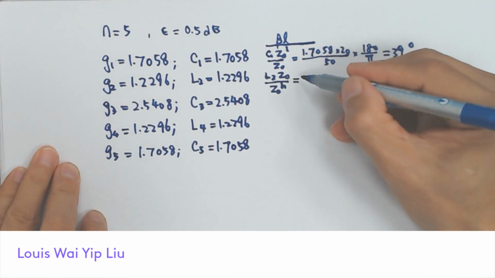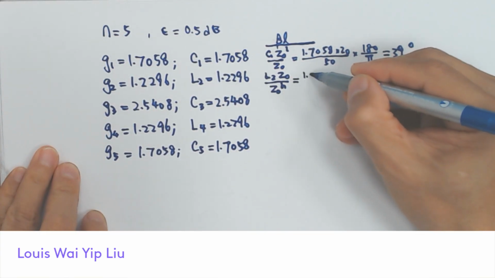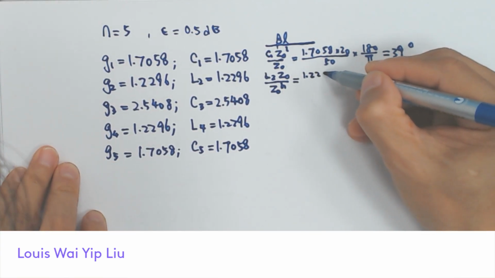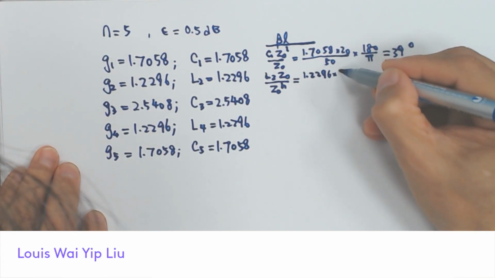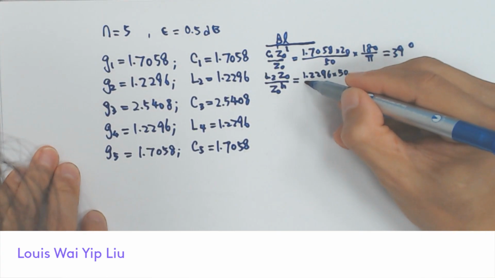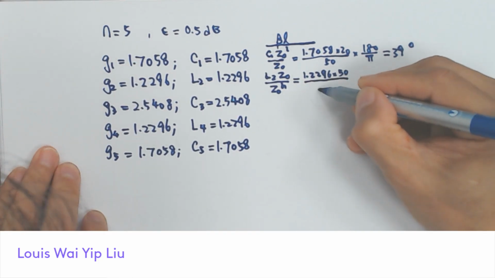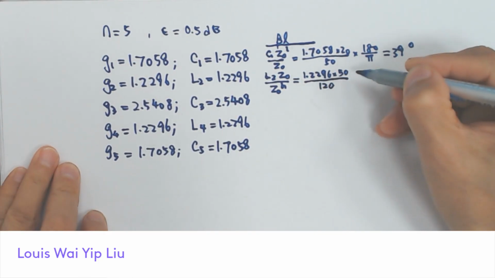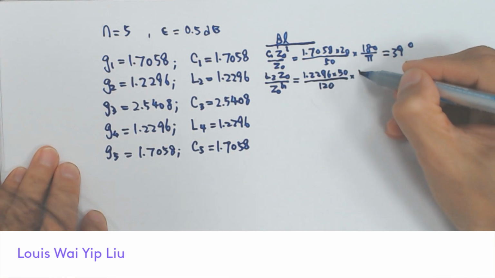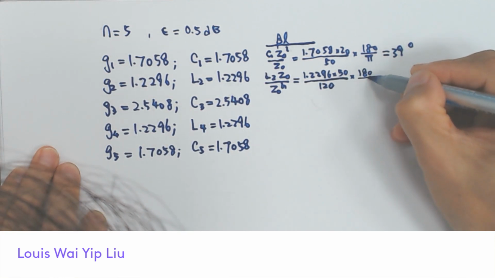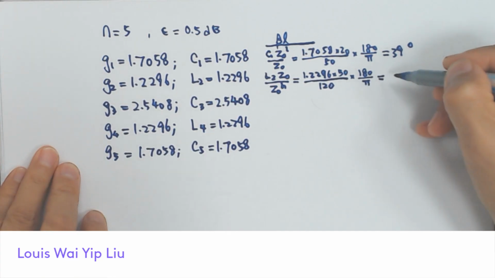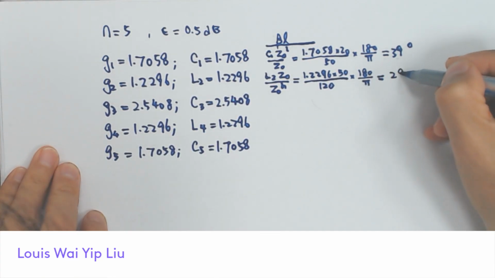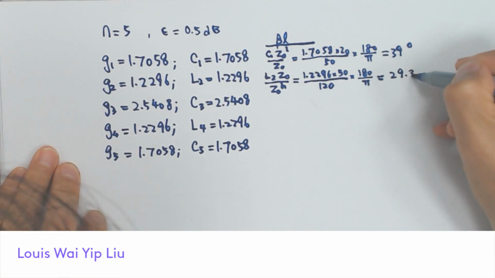With this in mind, I got 1.2296 times 50 divided by 120. So I got this, and with this in mind, I got 29.36.